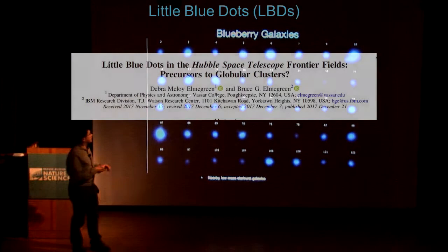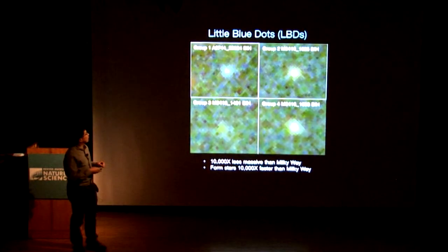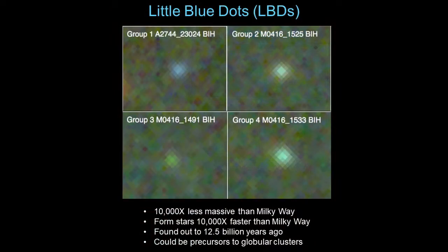The next thing I'm going to talk about is the little blue dots, or LBDs. This is a paper that came out just last month in December. So we're getting away from the blue theme, but there are still these little tiny galaxies. Here are a couple of examples of them, where they had to co-add images to even get good signal to noise.